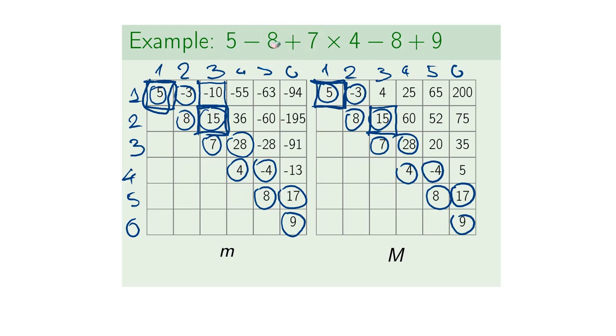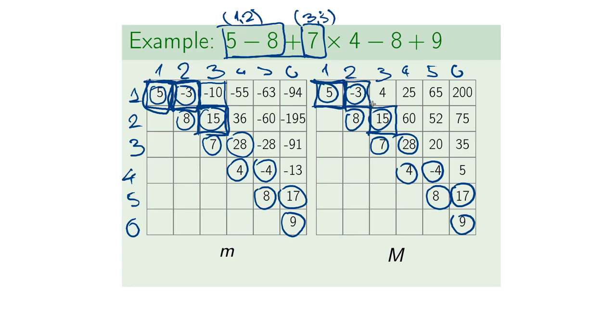Another possibility would be the following. We can split it into the following two sub-expressions. This corresponds to 1, 2, and this corresponds to 3, 3. So for 1, 2 we know its minimum value is minus 3, and its maximum value is also minus 3.